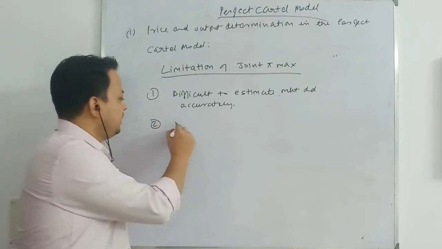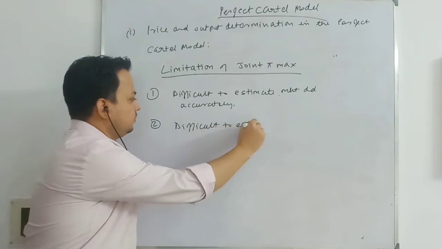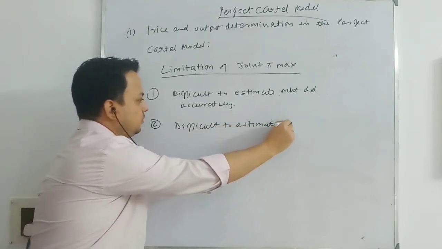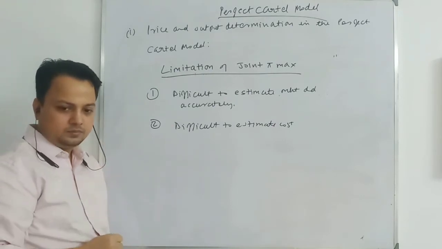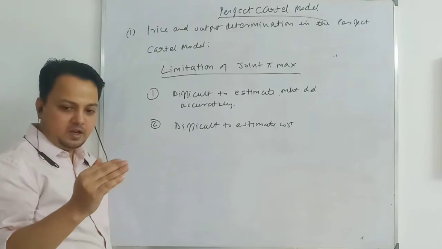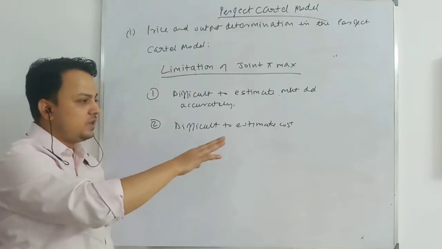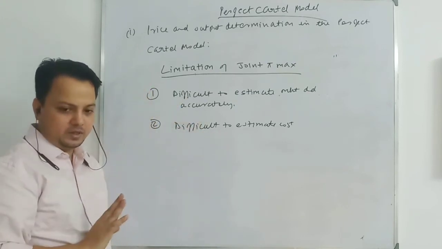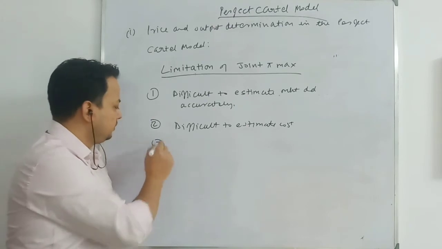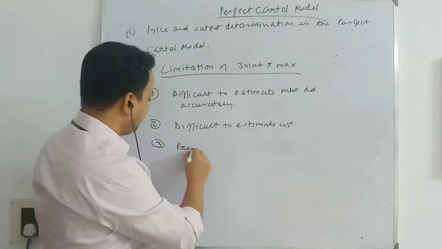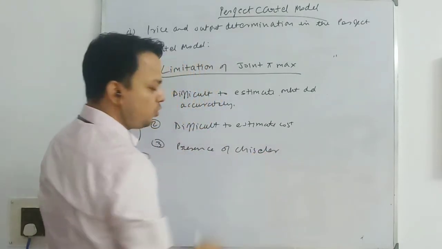Second, it is difficult to estimate cost. It is difficult to accurately know the cost, because when you vary the output, your cost also varies. So it is not that firms will be able to get the accurate data. Third thing, there is the presence of dishonesty.